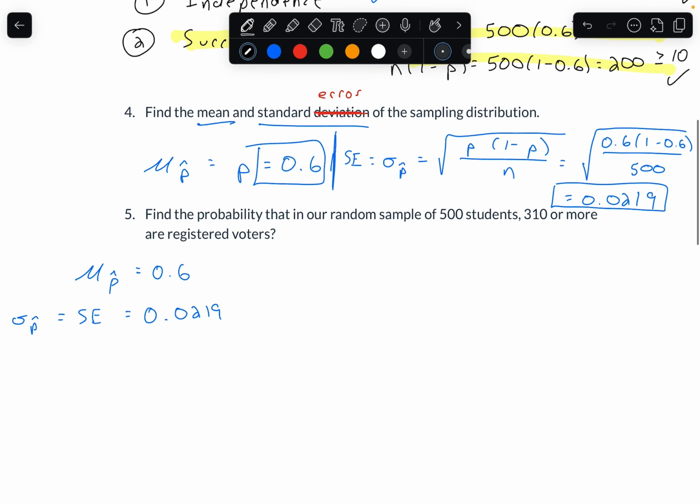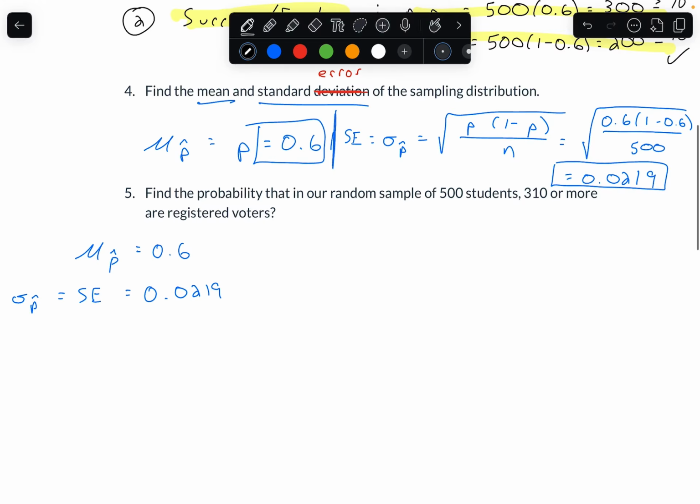So moving on to number 5, here we're going to start to get into some probability questions about this distribution. This says, find the probability that in our random sample of 500 students, 310 or more are registered voters. So the first thing I'm going to do really quickly is draw out what this is going to look like.